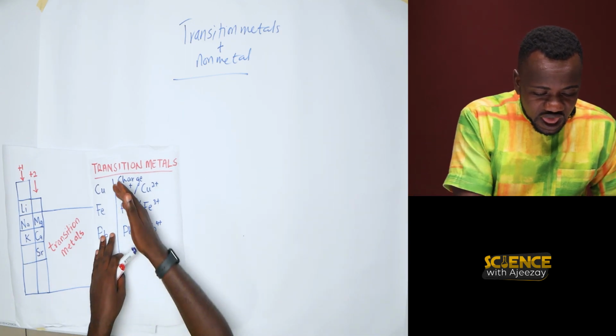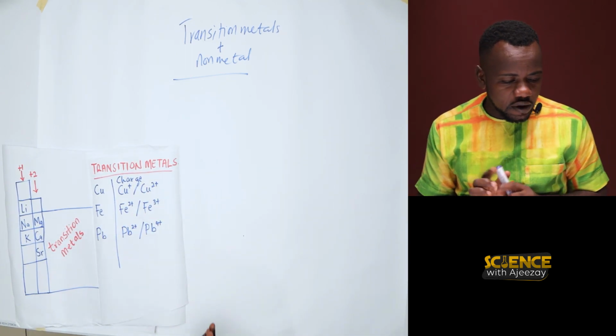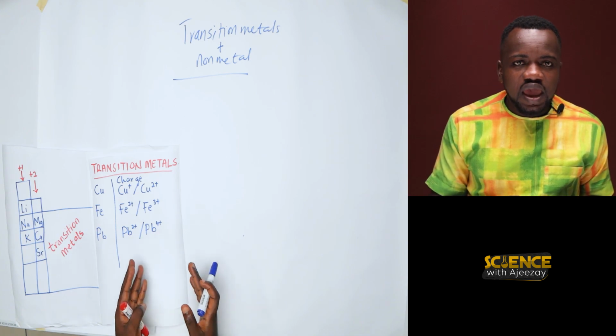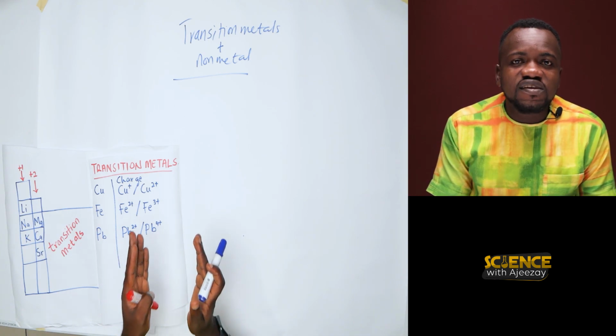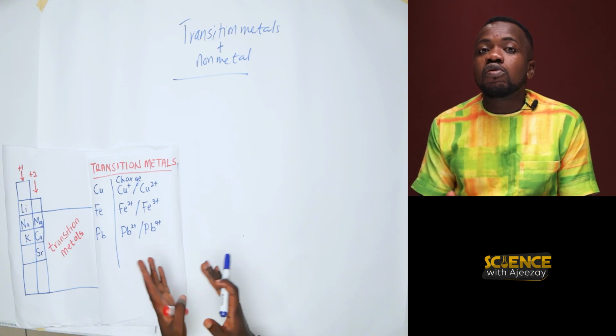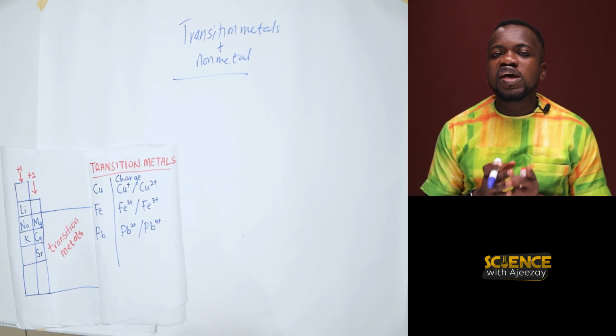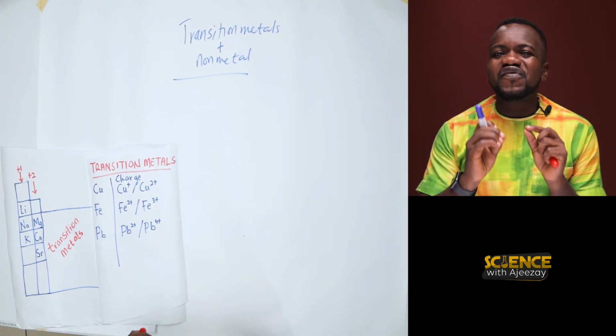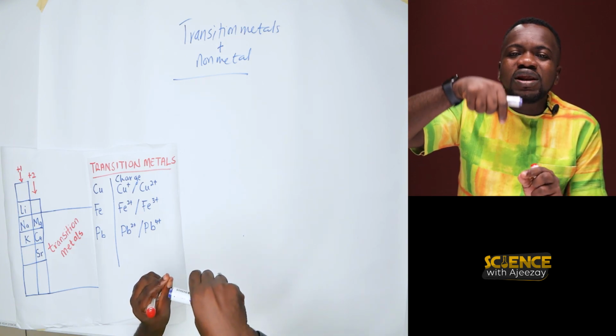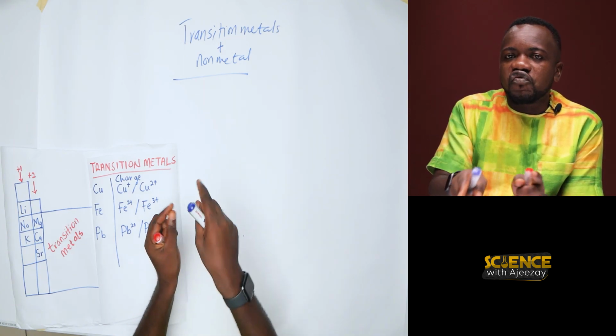So these are a few that we will use for now. Once you have a transition metal and a non-metal in a compound, first of all, you need to identify which ion the transition metal is using to form the compound.